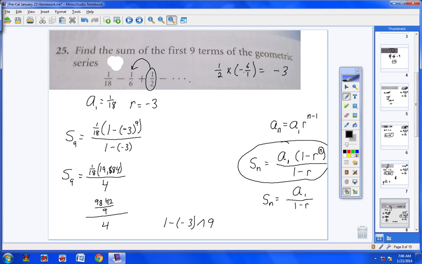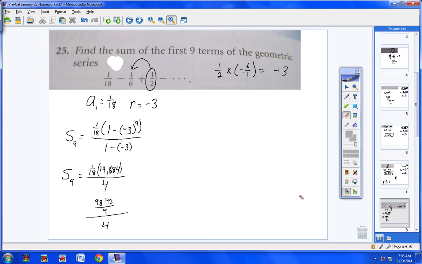Okay? And then if you take this fraction right here, and by the way, when you type into your calculator, be sure and use parentheses. So when you type this top in, it would be parentheses, and then 9,842 divided by 9, close your parentheses, and then divided by 4, you will get 4,921 over 18, or if you like decimals, the decimal would be 273.38, repeating.